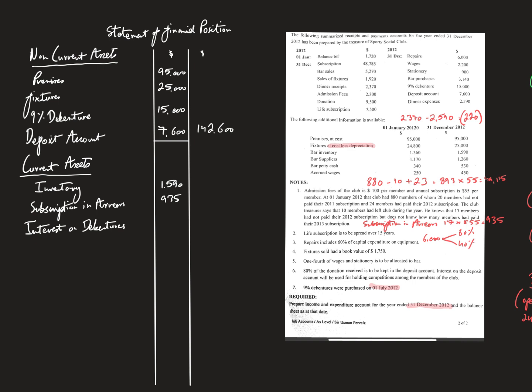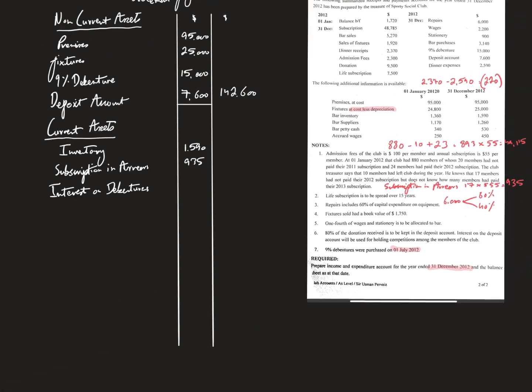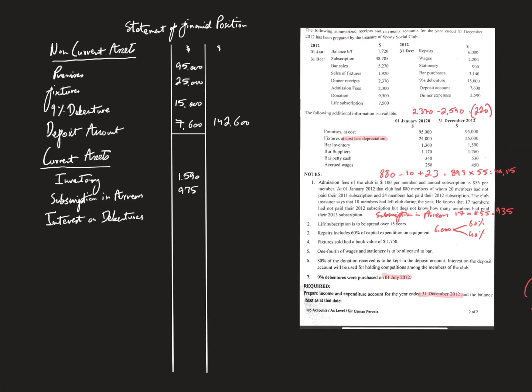Income में लिखा था हमने. 675. Any other income or any other current asset I can come across? Any other current asset, guys?